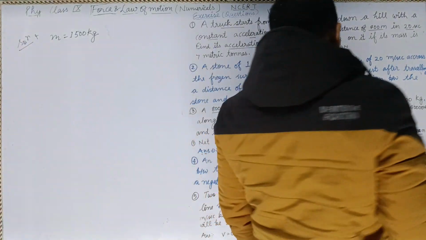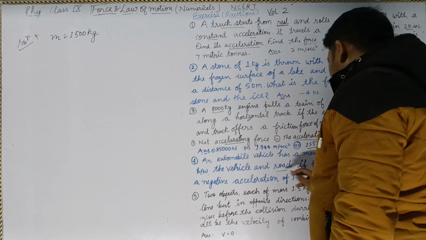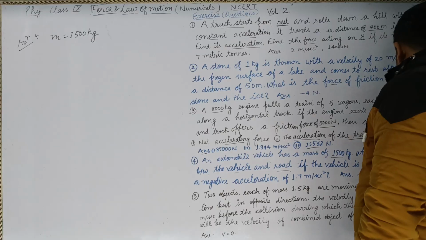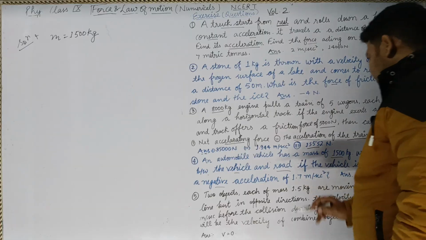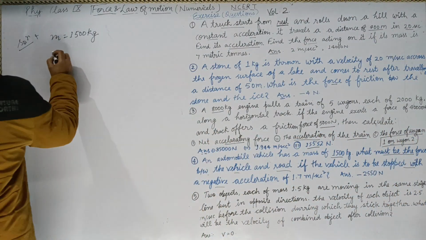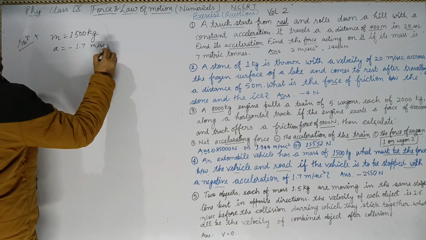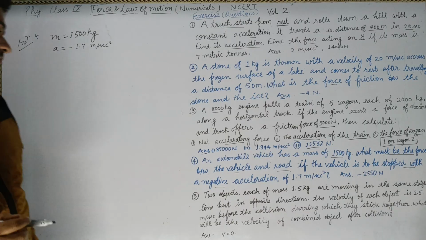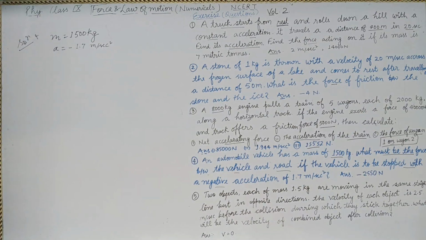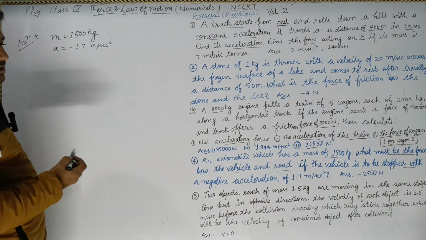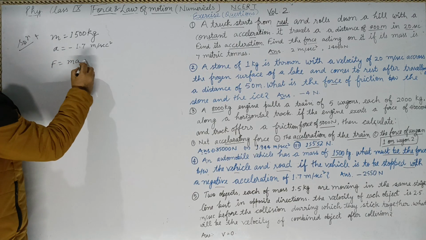What must be the force between the vehicle and the road if the vehicle is to be stopped with a negative acceleration of 1.7? Negative acceleration, a equal to minus 1.7 meter per second square, is given here. Mass and acceleration are given, so we solve this from the second law of motion. F equal to ma.